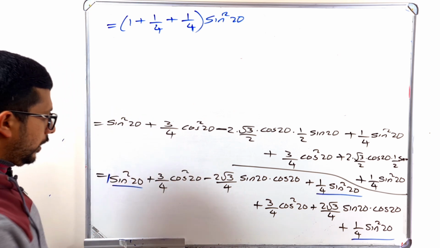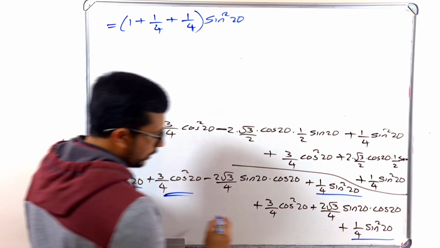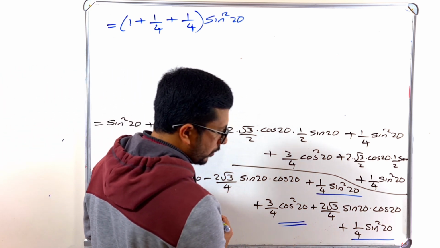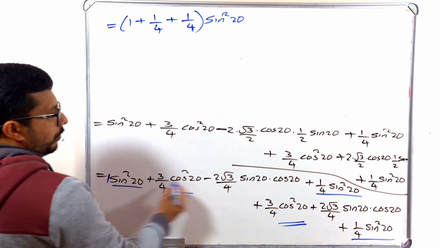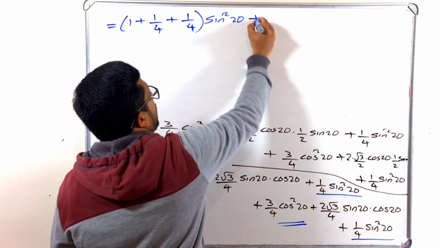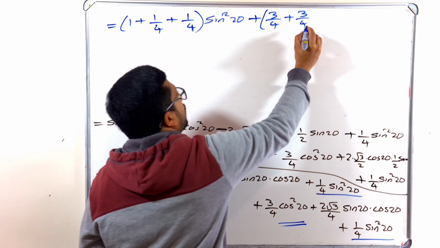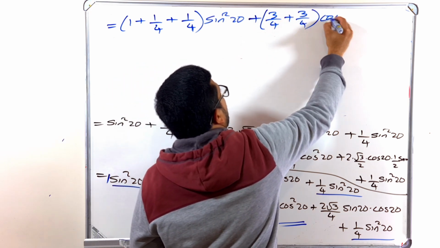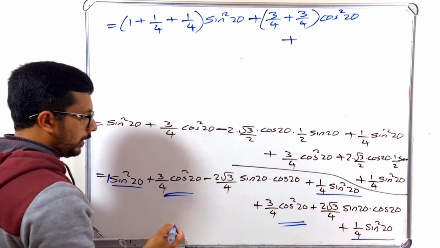Then cos square 20: 3 by 4 cos square 20, then 3 by 4 cos square 20. That's all. So 3 by 4 plus 3 by 4, cos square 20.